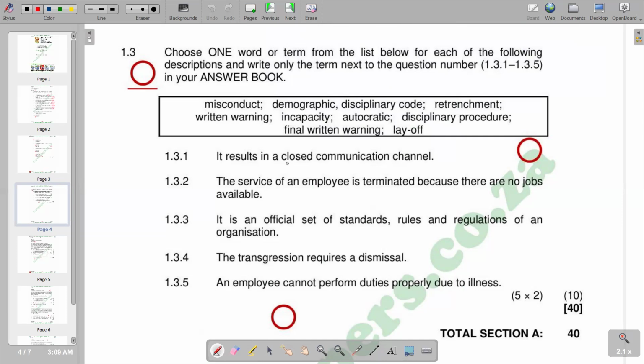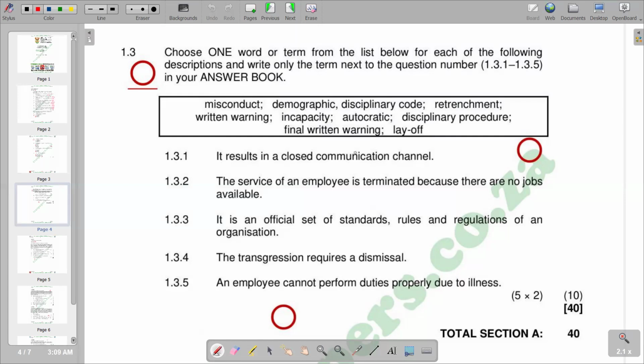Remember, a closed communication channel describes the exchange of information via private channels and platforms that are only accessible to selected people. So when that happens, it results in a closed communication channel.